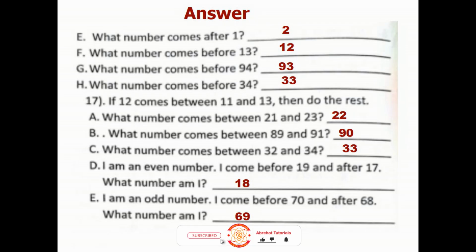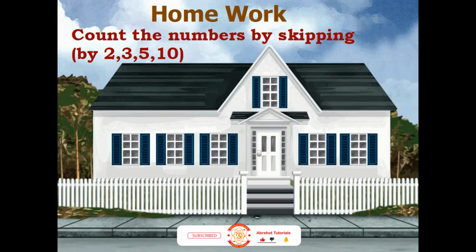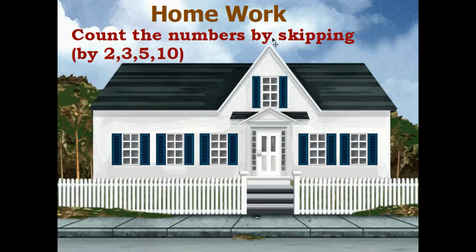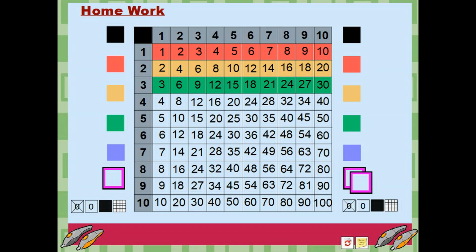So based on that, I will give you one exercise. What you are going to do here is count the numbers by skipping. You exercise skip counting by counting by 2, by 3, by 5, or by 10. You exercise by using this diagram. As I showed you earlier, the first row shows skip count by 1, the second shows skip counting by 2, the third one by 3.